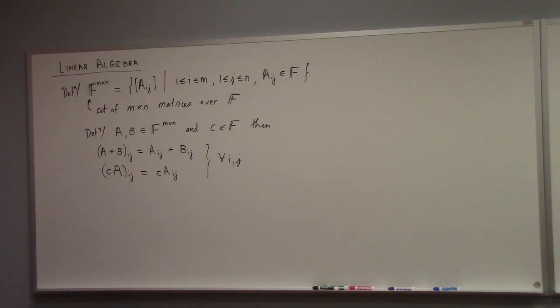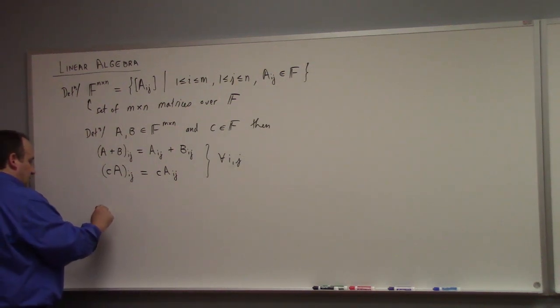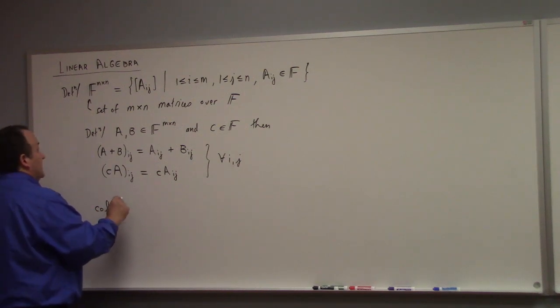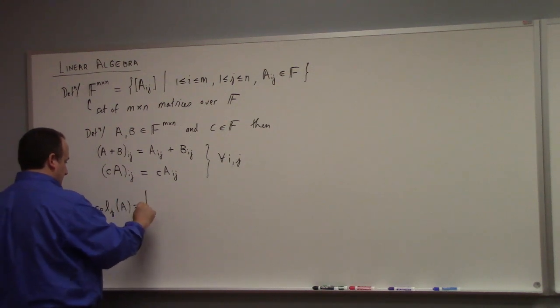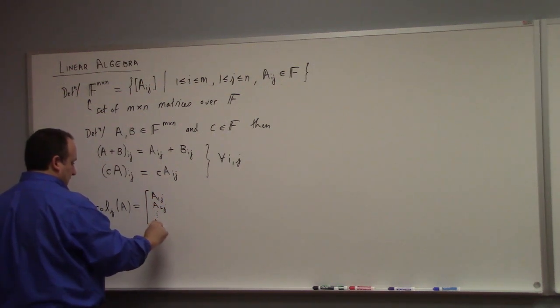Other important notation that we should know about is column. So we can talk about the jth column of A. That is a_1j, a_2j, through a_mj.